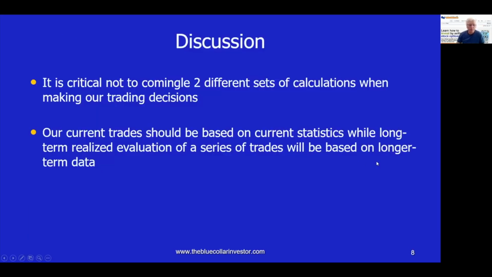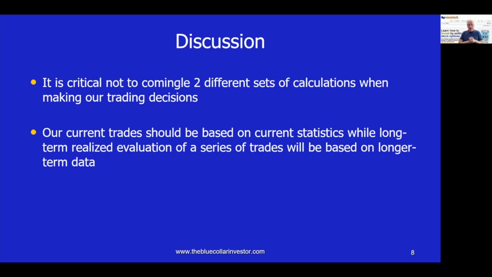Let's summarize. It's very important not to commingle two completely different sets of calculations when making our trading decisions. Our current trades should be based on current statistics, while longer-term trade evaluation based on a series of trades will be based on longer-term data, as we showed in those two examples.